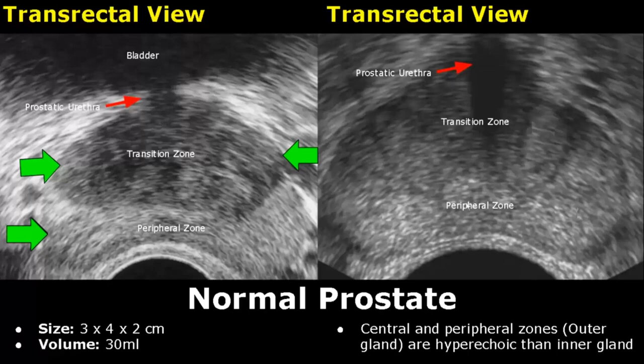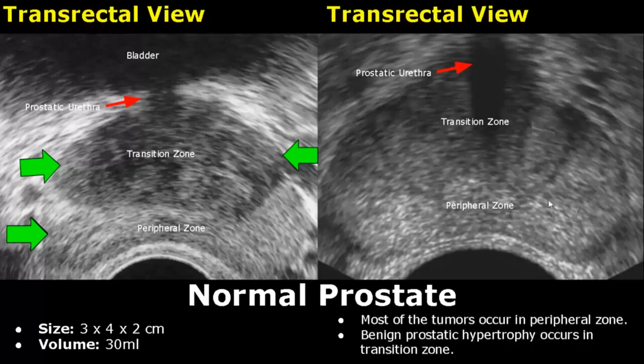The peripheral zone is hyperechoic than the transition zone. This hypoechoic channel leading towards the bladder is the prostatic urethra. Most of the tumors and cancers occur in the peripheral zone, and benign prostatic hypertrophy mostly occurs in the transition zone.